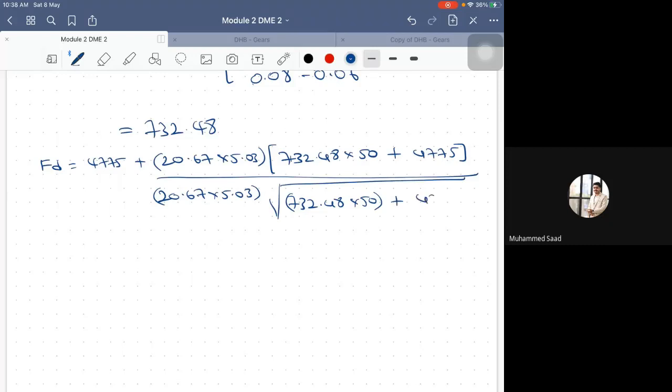Yes, guys. So give me the value of dynamic load directly in the form of kilonewtons.